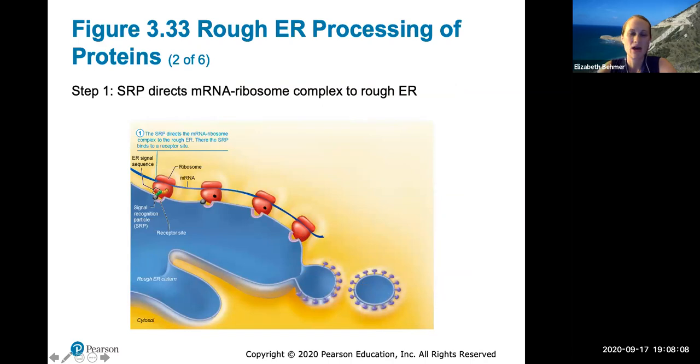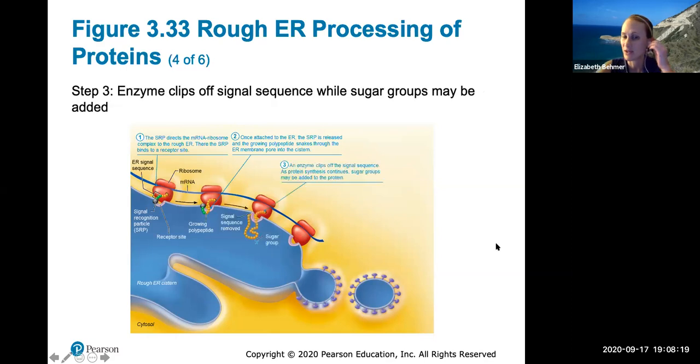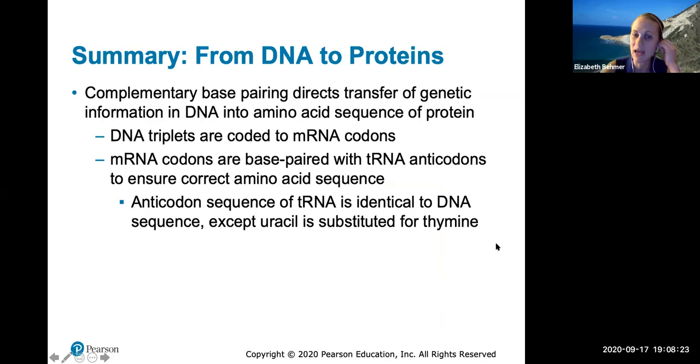You don't need to know the specific processes of this, but it's just talking about how the rough endoplasmic reticulum will take in the growing polypeptide or the proteins and put them into vesicles just for transport either within the cell or to the exterior of the cell.